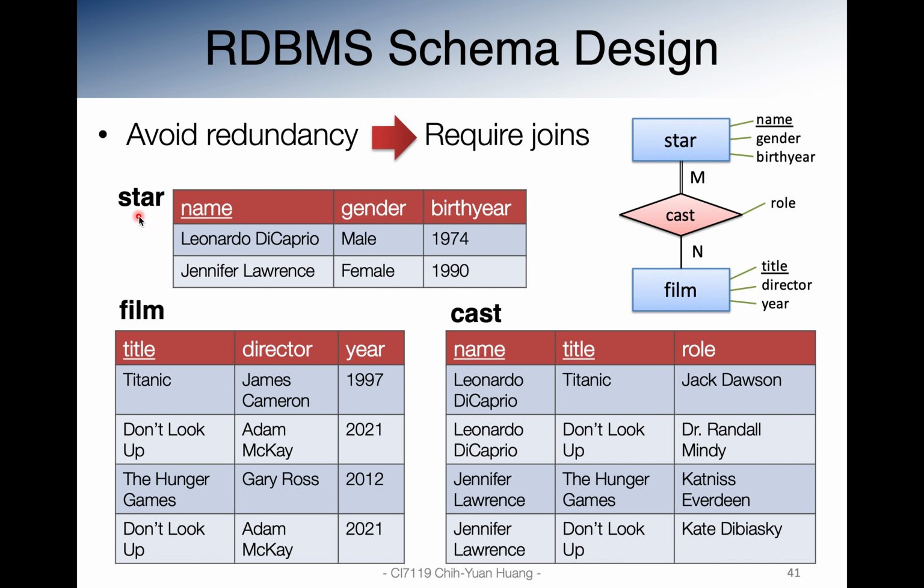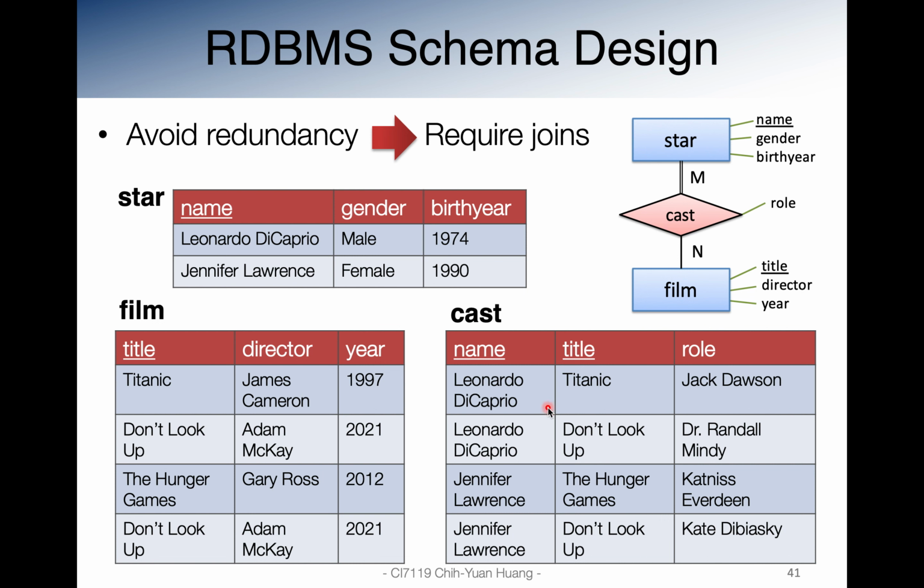For example, for the star table, we may have the star ID, and the content for that is usually an integer value, 1, 2, 3, 4, 5. And for the film table, we will have the film ID, also using 1, 2, 3 as the ID.